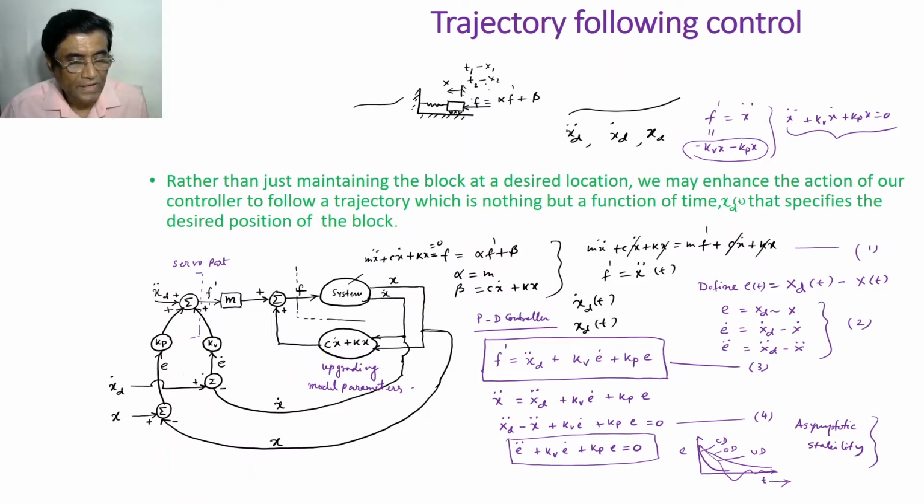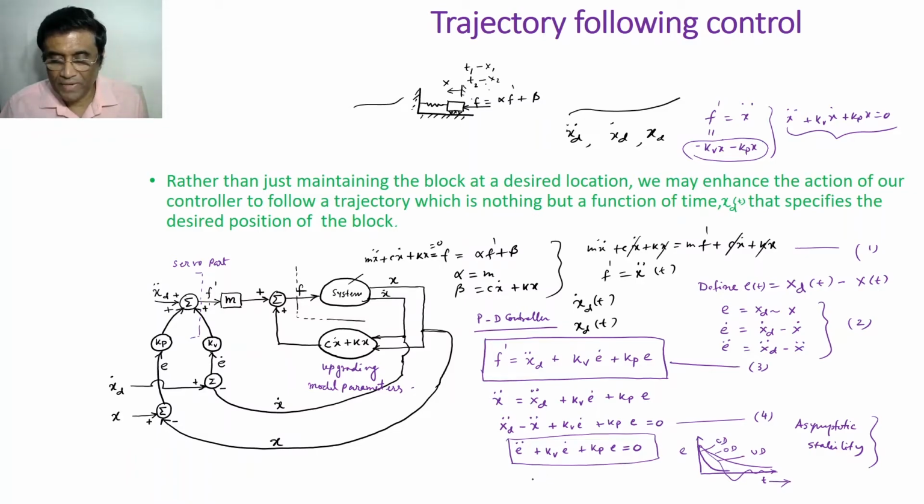Here somebody is feeding me xd double dot, xd dot, and actual x, so that I can have an error domain equation like this, a second order error domain equation.